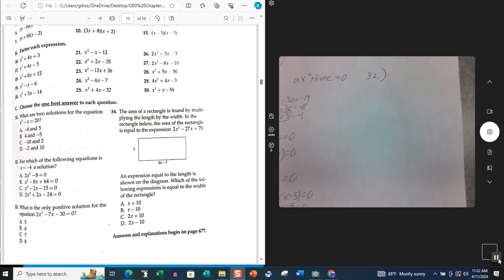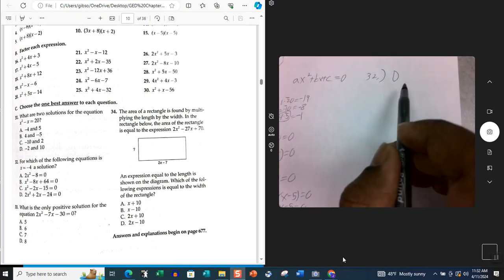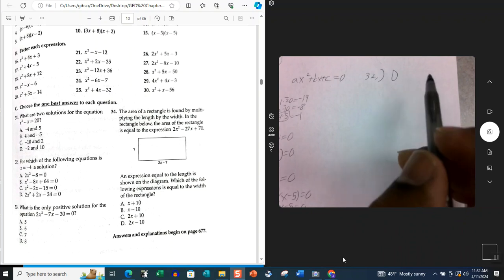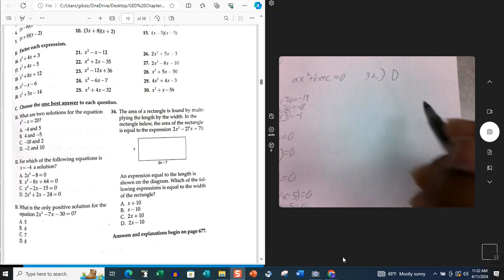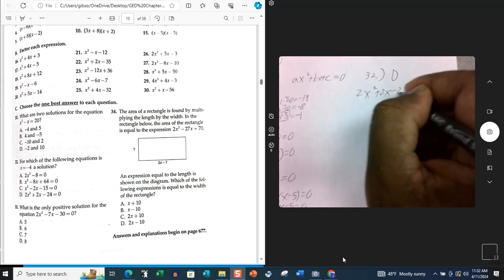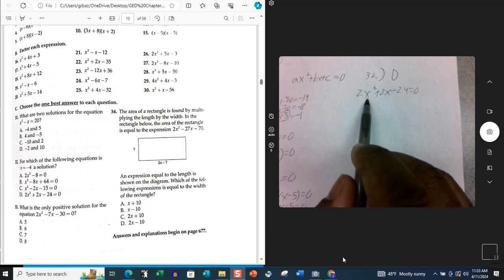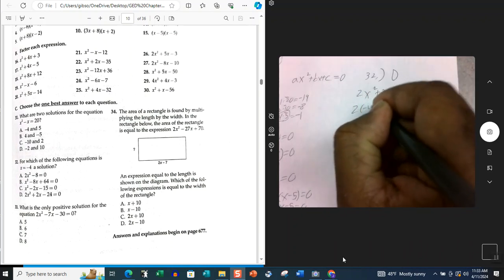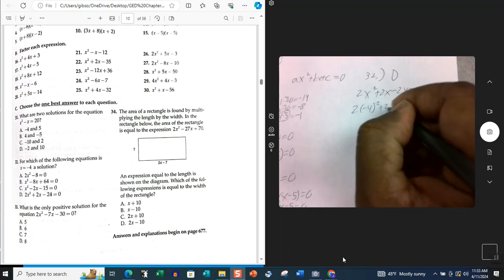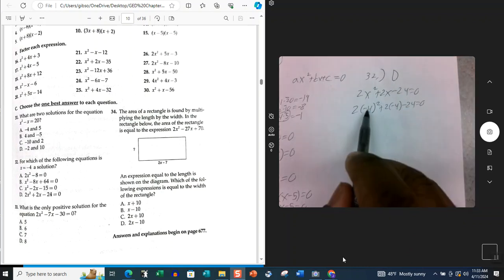Just to let you know, the answer would be D. So I would substitute in negative 4 for D just to show you that D actually works. So D is 2x squared plus 2x minus 24 equals 0. So we'll substitute in negative 4 as per the directions. So we have 2 times negative 4 squared plus 2 times negative 4 minus 24 equals 0.